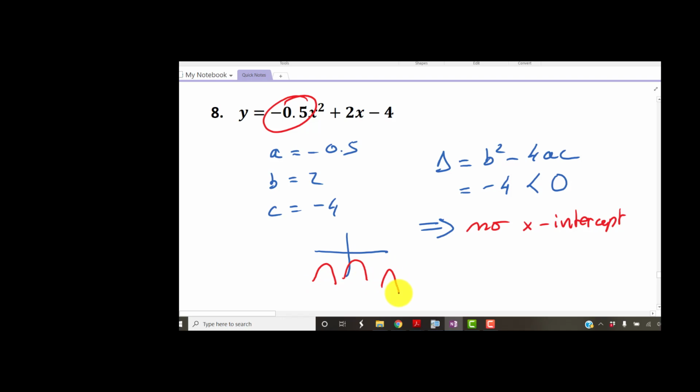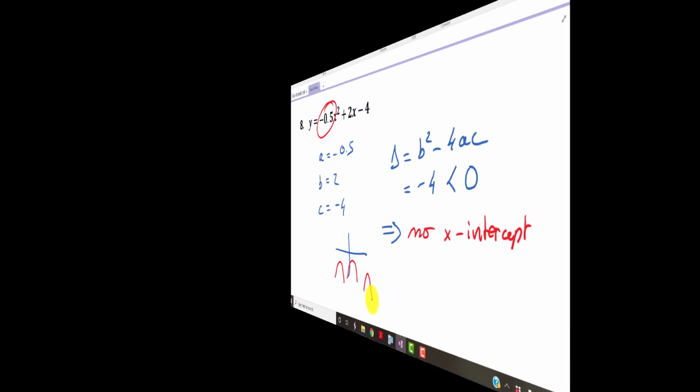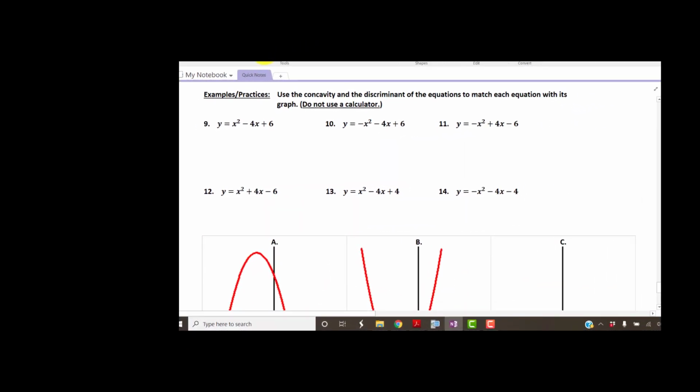Okay, let's go over the last set of examples. All right, guys, these are matching problems, but you're going to see that these matchings are a little bit trickier than the matching we've had before. For example, look at number 9 and number 13, right? 9 is telling you that the parabola is concave up and the y-intercept is plus 6, and 13 is also telling you the parabola is concave up and the y-intercept is 4.